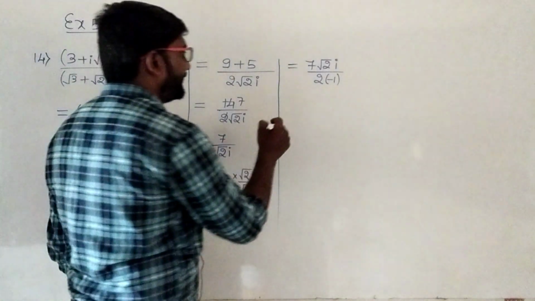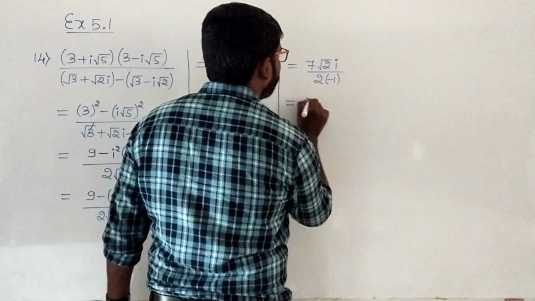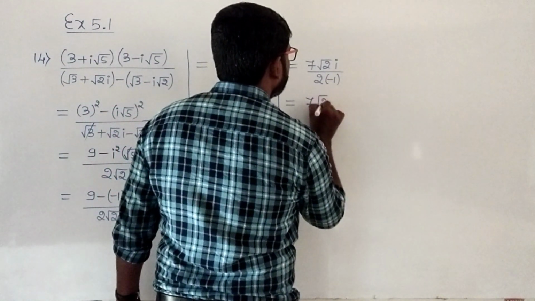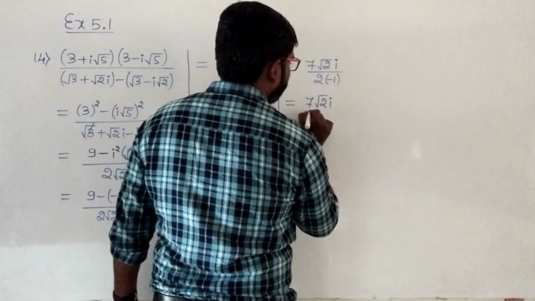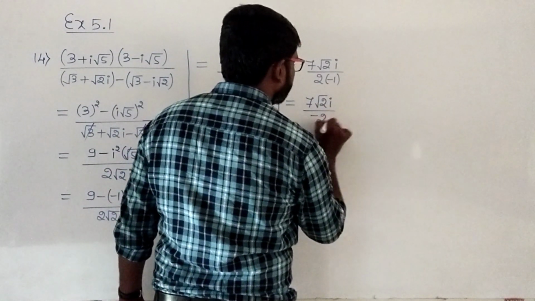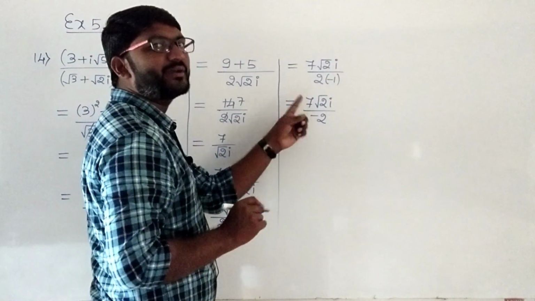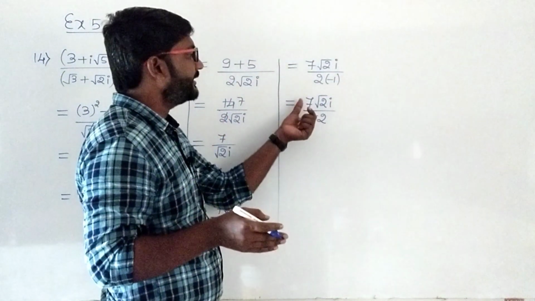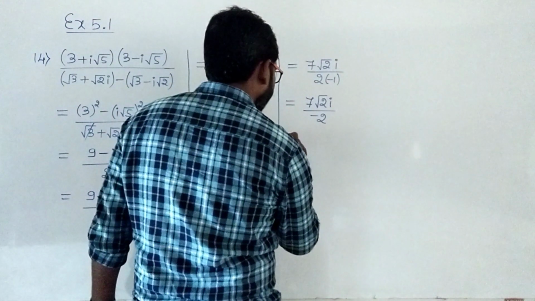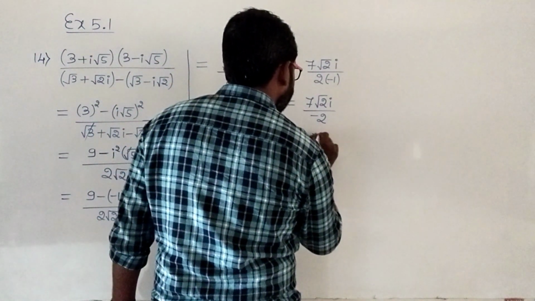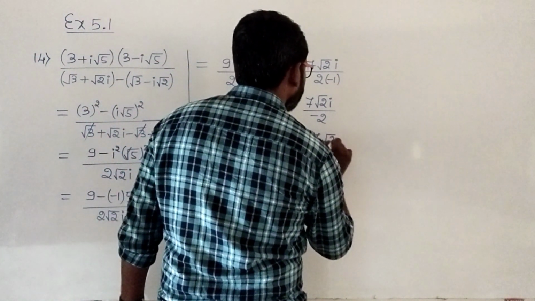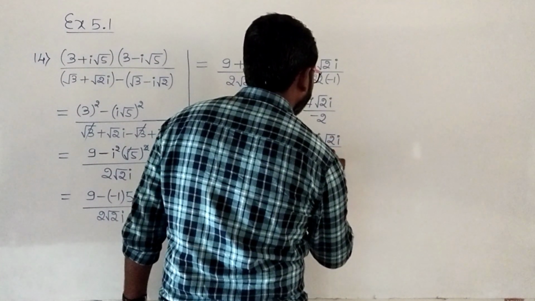Then overall we have 7 root 2i divided by minus 2, and this minus sign can be written in the numerator. Whether we write the minus in the denominator or the numerator, the meaning will not change. So minus 7 root 2i divided by 2.